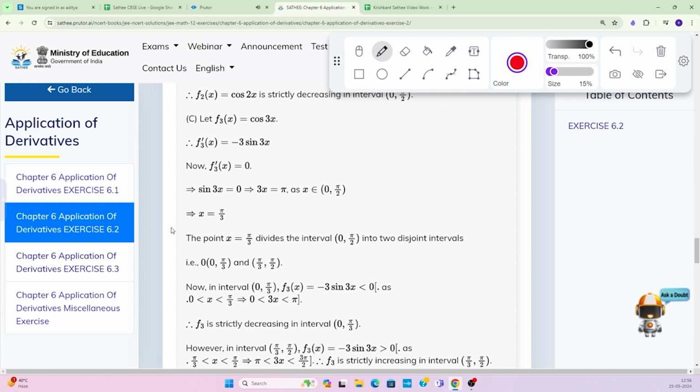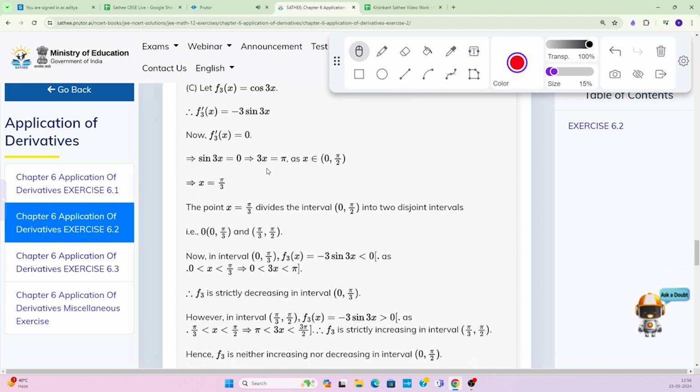First thing, if you observe, put it equal to 0, then the point you get helps you define your interval, in which interval you are going to take the positive things and in which the negative output for f prime. So let's see.